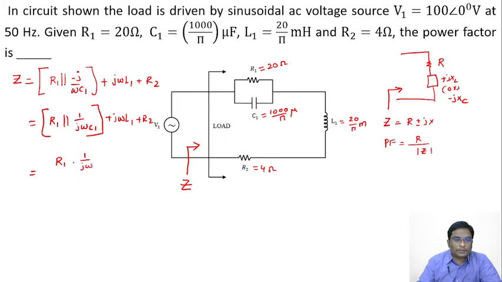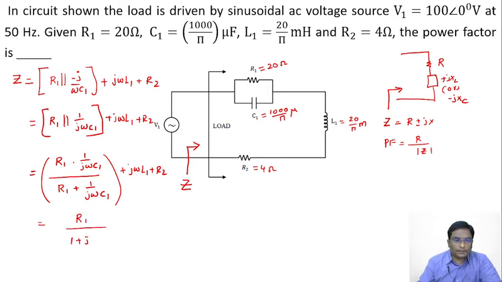This is 1 by j omega C1 divided by R1 plus 1 by j omega C1, plus j omega L1 plus R2, which is R1 by 1 plus j omega C1 R1. In the numerator and denominator, the 1 by j omega C1 cancel each other. This is the impedance seen by the source, R1 by 1 plus j omega C1 R1 plus j omega L1 plus R2.